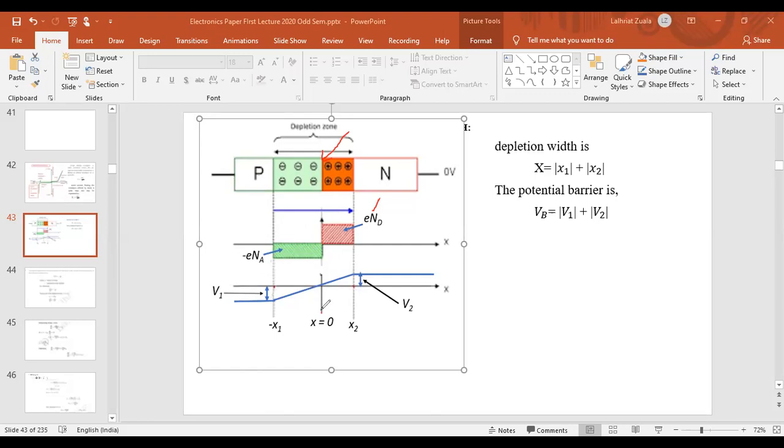Okay, so x equal to 0 is the junction and x2 is the distance up to which the depletion region extends on the n side of the junction, and minus x1. As you see, between x equal to 0 and x equal to minus x1, you have a depletion region on the p side.